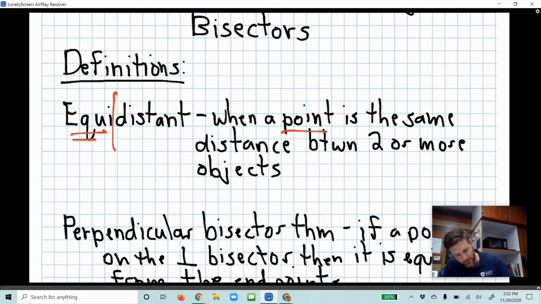Okay, so I'll just use a really simple illustration here. If we have A, and then let's go 1, 2, 3, 4, 5, 6, 7, 8, 9, and let's say that's point B. Then 1, 2, 3, 4, 5, and call this point C, same thing as a midpoint.